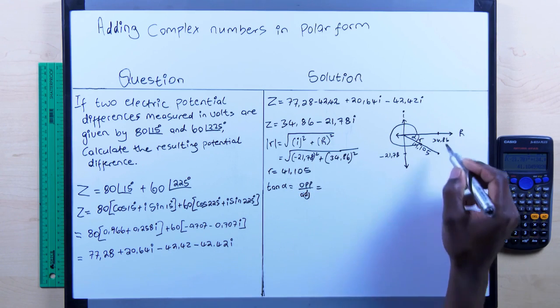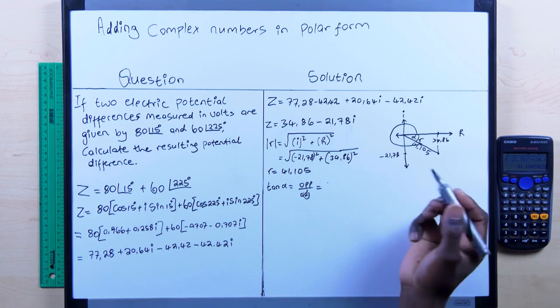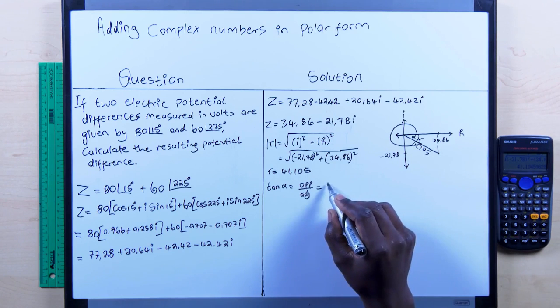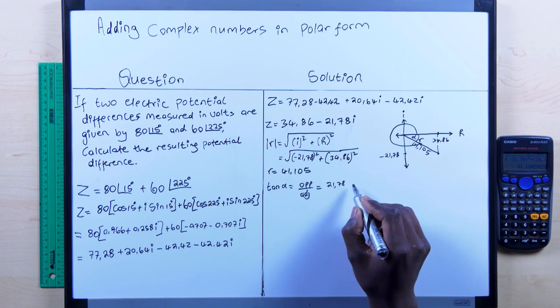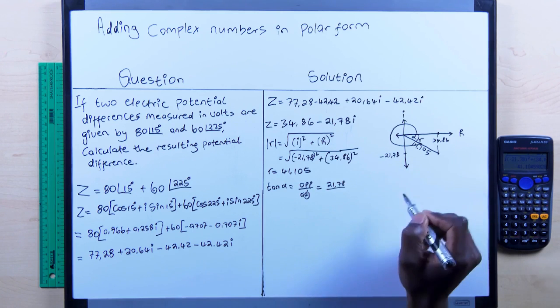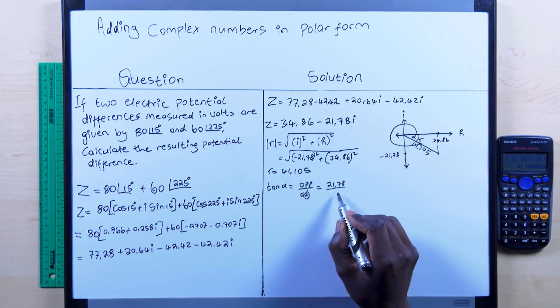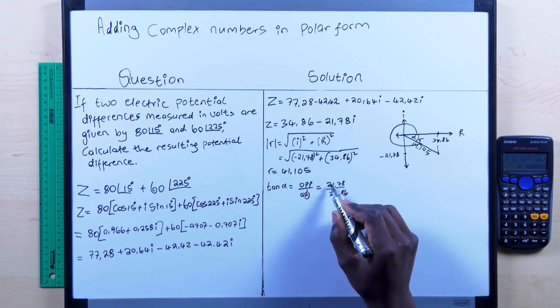The opposite is going to be negative, but we can just keep it as positive numbers, so 21.78 over, using absolute values here, 34.86. That's why I omitted the negative sign here.